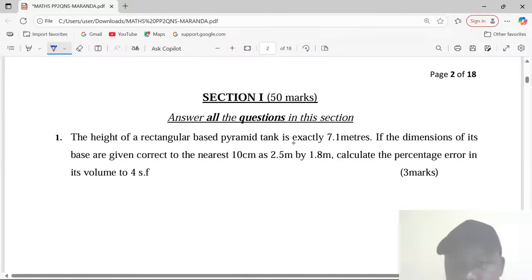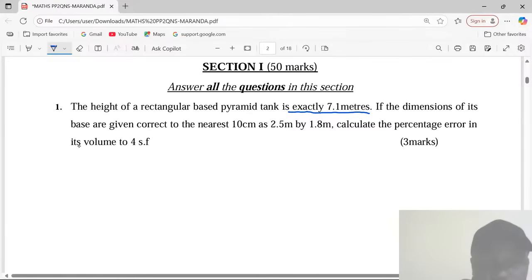Mark the word exactly, 7.1 meters. If the dimensions of the base are given correct to the nearest 10 centimeters as 2.5 meters by 1.8 meters, calculate the percentage error in its volume.